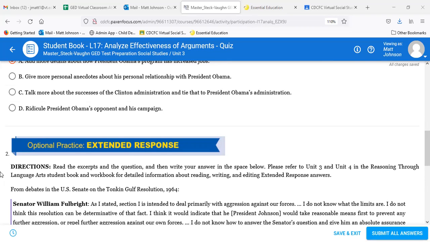During some type of operation at sea, a Navy ship, I can't remember which naval ship it was, was attacked by the North Vietnamese Navy. And there was some confirmation, and then there was another incident where maybe there was a torpedo fired at a U.S. Navy ship.